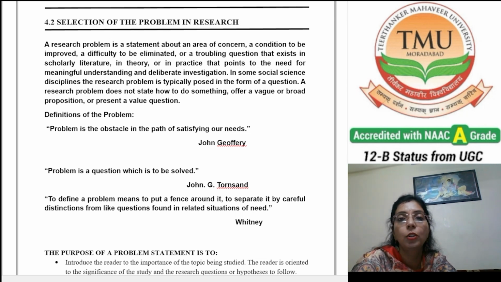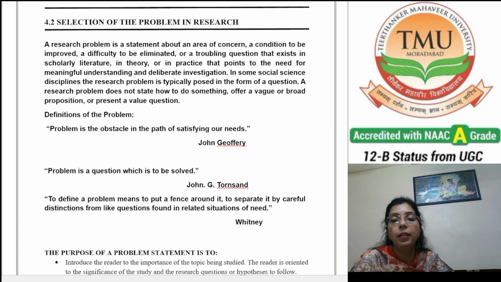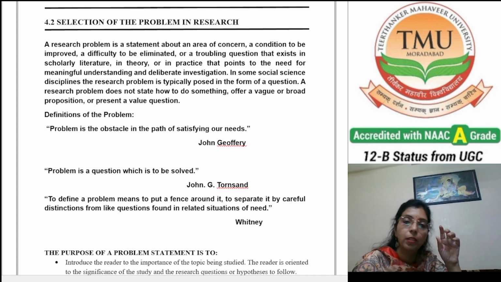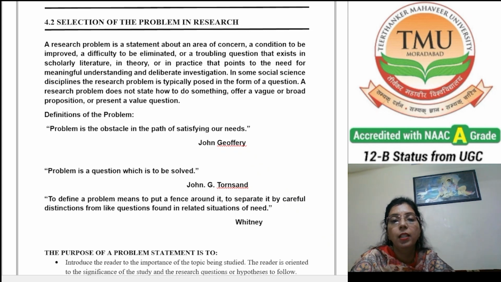These actions or activities usually overlap each other rather than pursue a specific sequence. The first step is selection of the topic. The first step for a researcher is to select the topic of research.